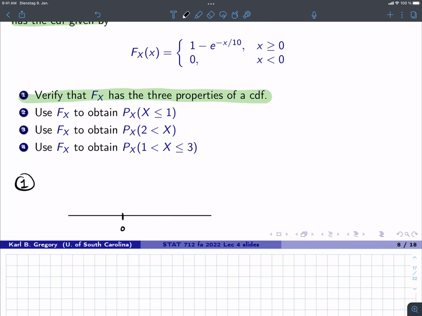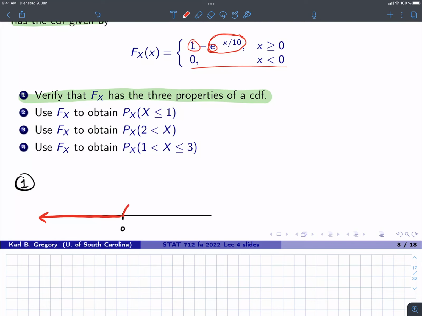Here's 0, and it looks like when x is less than 0, the CDF just takes the value 0. But then at 0, if I plug in x equals 0, I get 1 minus e to the 0, so 1 minus 1.